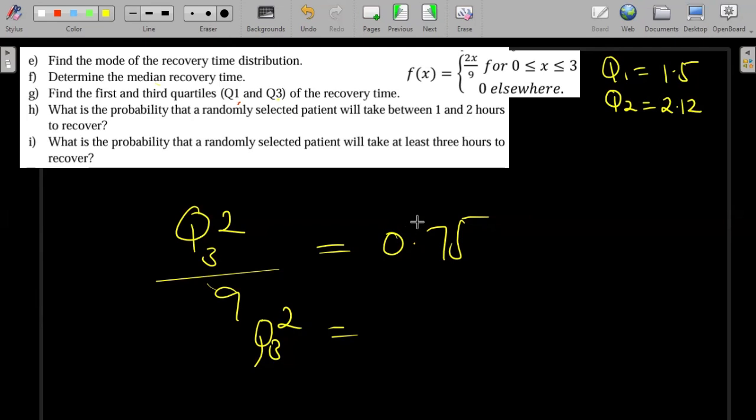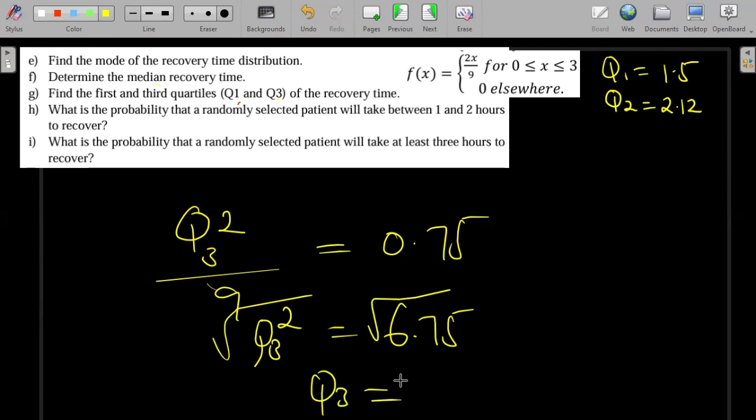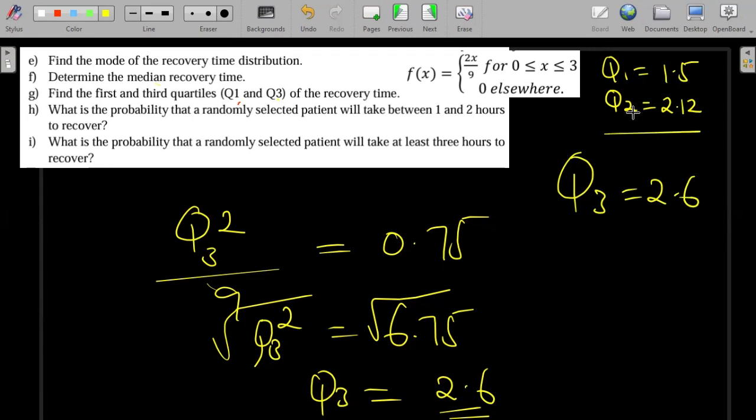I'm going to get 6.75. Then you take the square root, and approximately, it's giving me 2.6 when you round it off. So that is my Q3, 2.6. Our Q2 is this, our Q1 is that. So we found all the quartiles there.